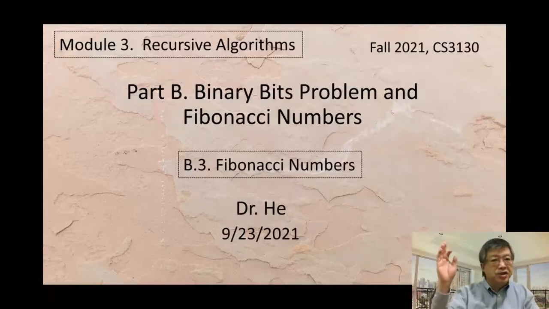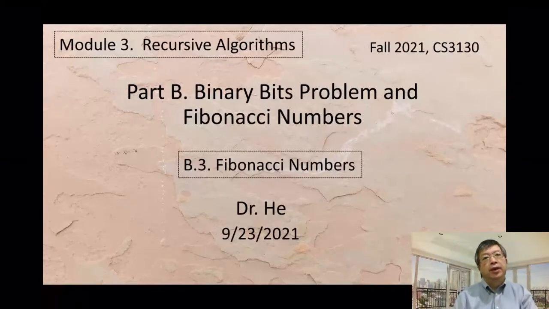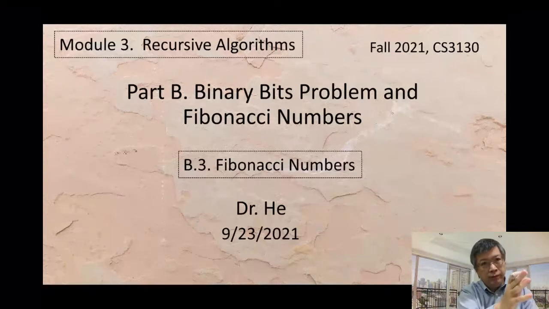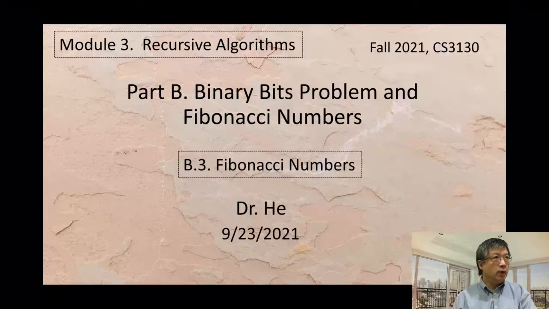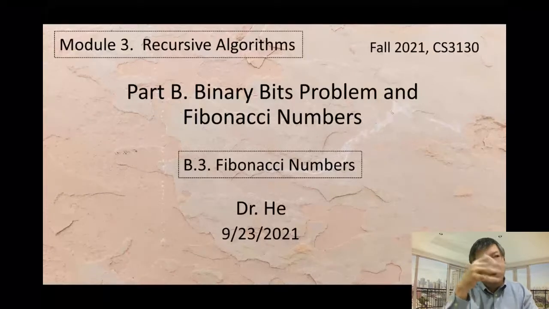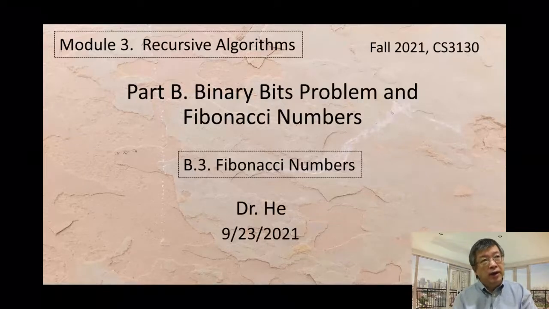B.3 Fibonacci numbers. So this is the last video of this part. In this part, let us look at the well-known Fibonacci numbers. I think you already know these numbers, but we can learn a lot of things.